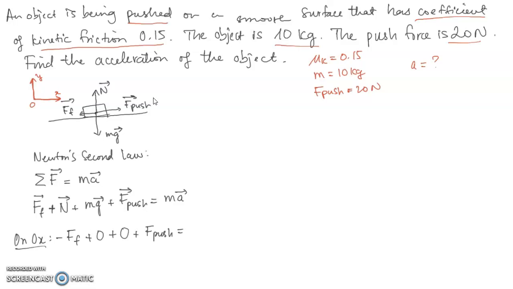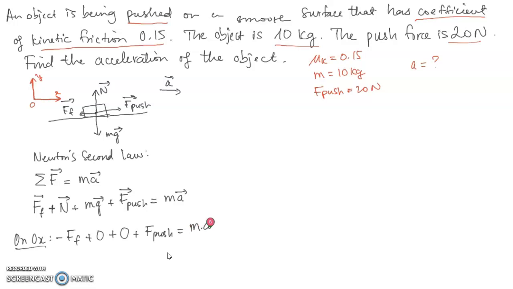now acceleration. Because this object is being pushed from left to right, the acceleration would be the same direction as the push force, so I would draw something like that. So this would be equal to m times a.